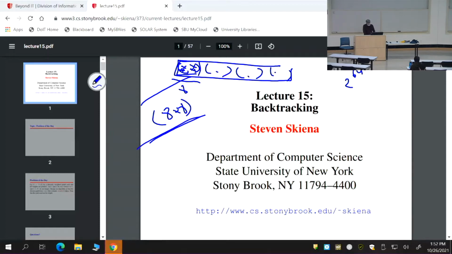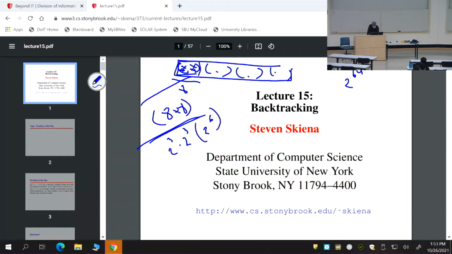How does this compare to 2 to the 64? Well, what is this going to be? This, I claim, is 2 to the 3 times 2 to the 3. What is 2 to the 3 times 2 to the 3? 2 to the 6.